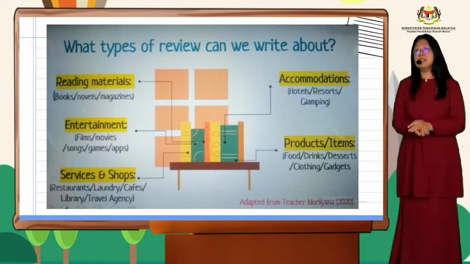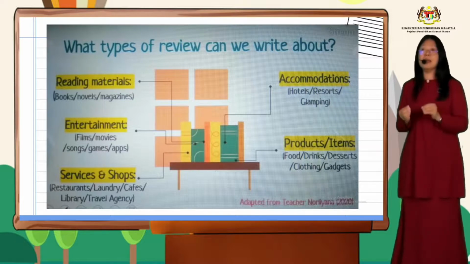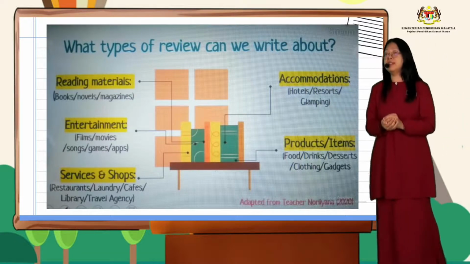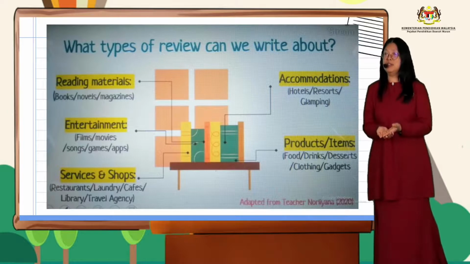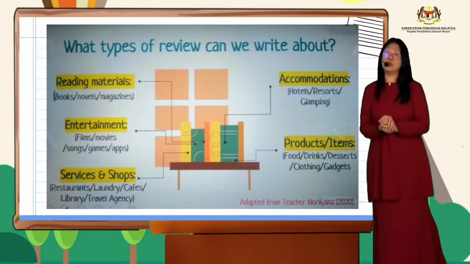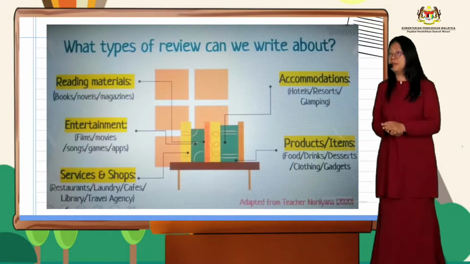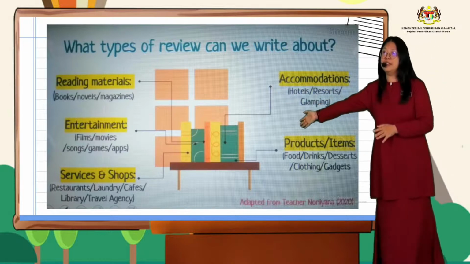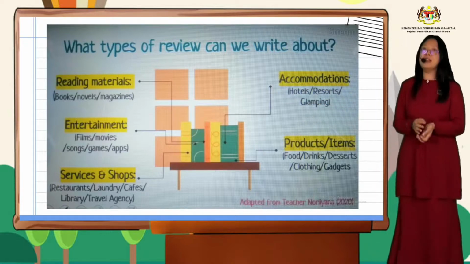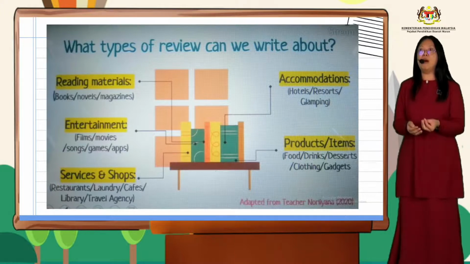But don't worry. The topic should be related to your age, to your status as school children. For example, services. Restaurant. You need to write a review on a restaurant.